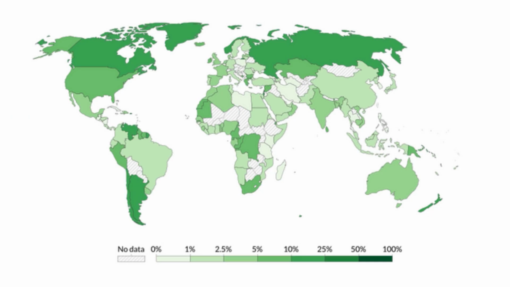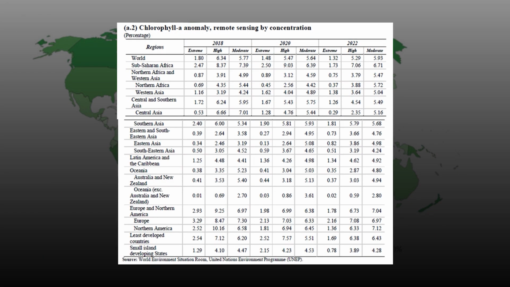Again, when you look at the chlorophyll-a anomaly, here also they look at three categories: extreme, high, and moderate. You will see here in 2022, extreme is 1.32, and then in percentage 5.29 and 5.93.